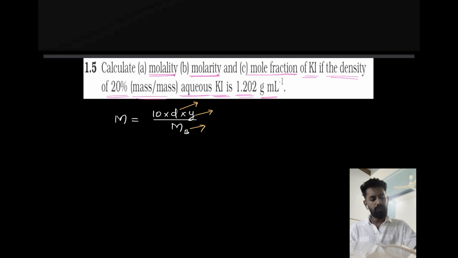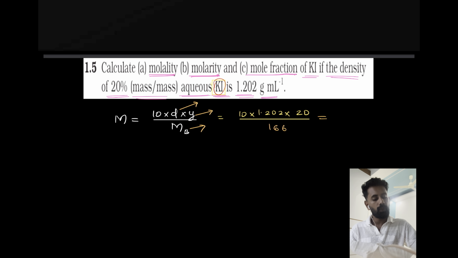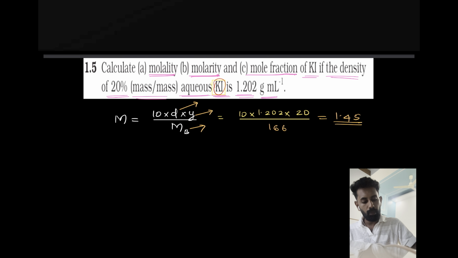After substituting the values, you will get 10 into 1.202 into 10 divided by the molecular mass of solute. Since KI is your solute, the molecular mass of KI is 166. After substituting all these values, you will get the molarity as 1.45. Simple, right? We have to remember this particular equation.